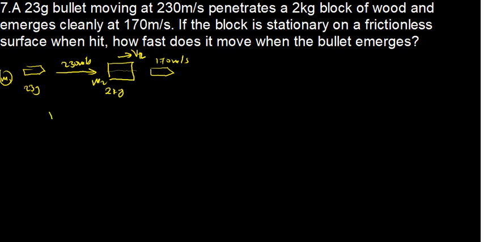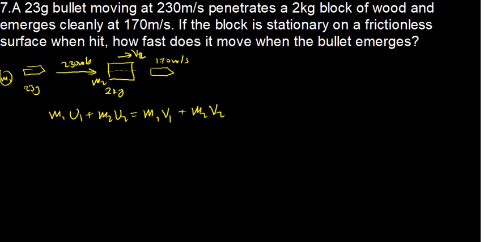So momentum before impact, that is M1 U1 plus M2 U2, should be equal to the momentum after impact, that is M1 V1 plus M2 V2. So V is representing final, U is representing initial.